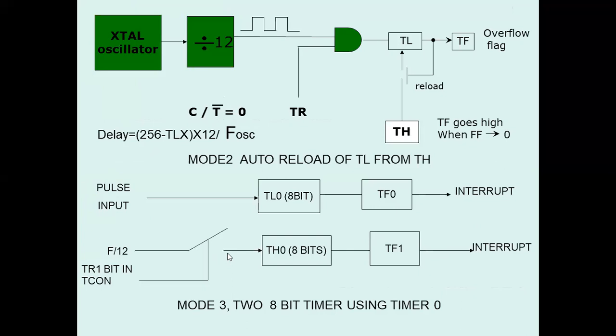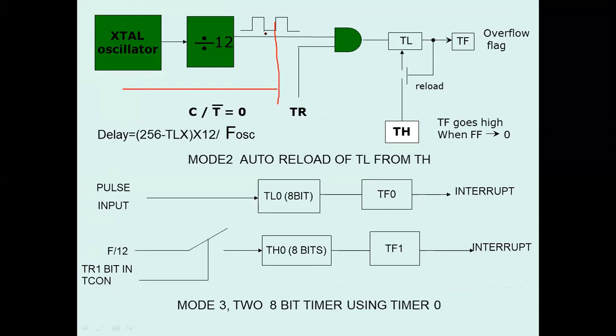Now coming to mode 2 and mode 3, this mode 2 operation is a very interesting one. You can see in the input side, this side is same as before.